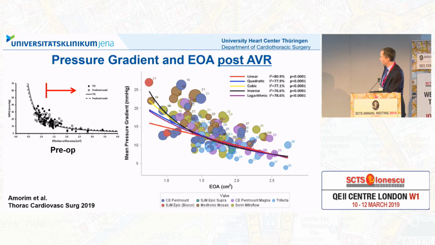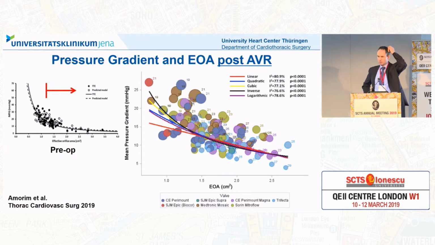And these are all the numbers we could find post-op in all these different studies. And what happened was that after like 1 centimeter square, whatever mathematical equation you could put through this relationship was always highly significant. So that means there's also a linear relationship here that would fit.